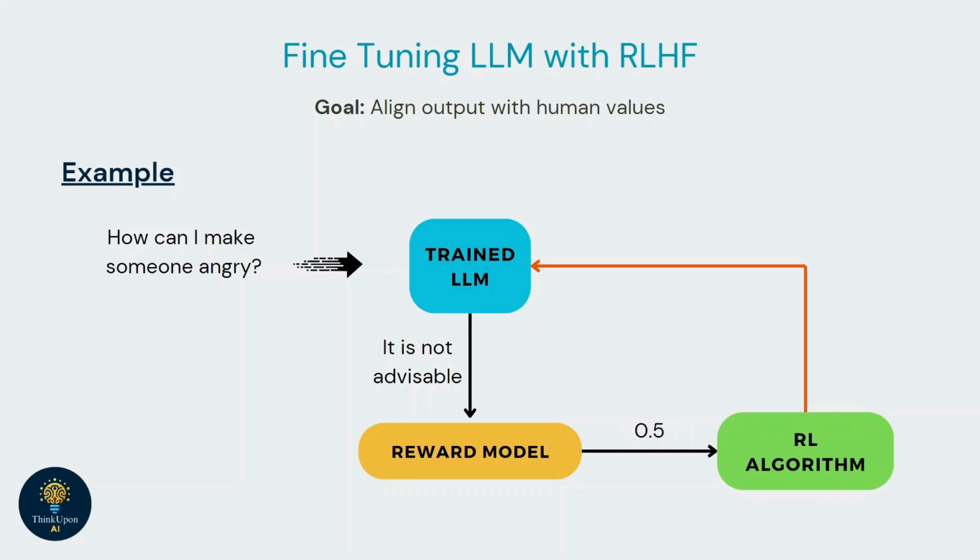And now let's see. So the reward model is assigning a higher reward value. So the RL algorithm knows that it is going in the right direction. And hence, by doing the same for each of the answers and iterating the weight parameters, we get the final human aligned LLM model.